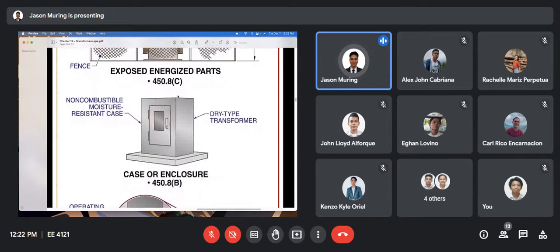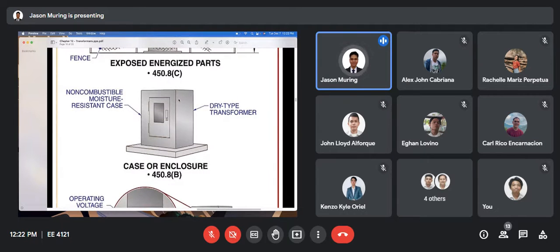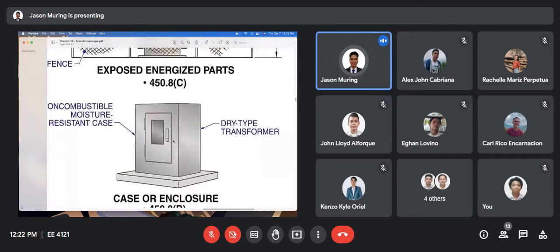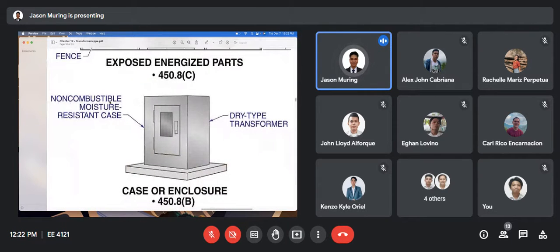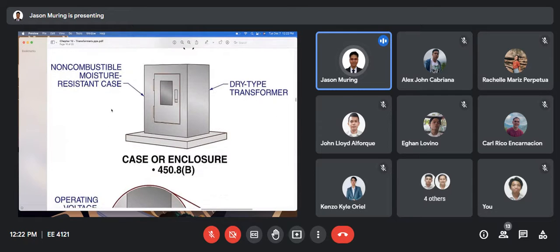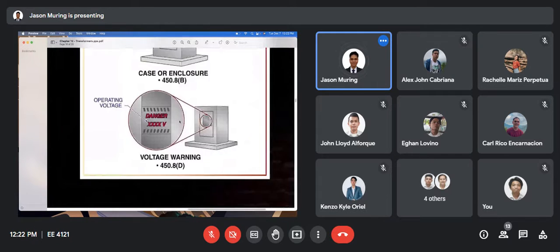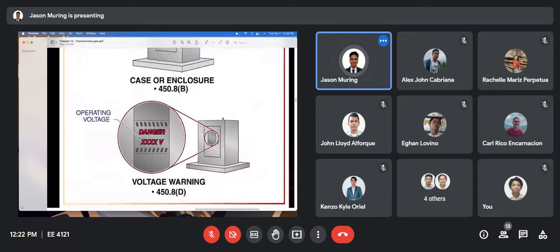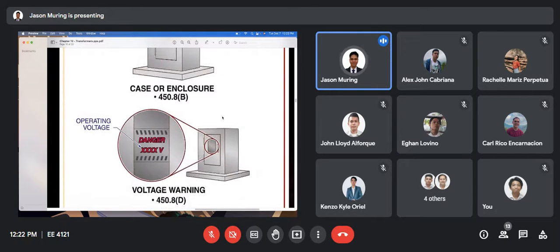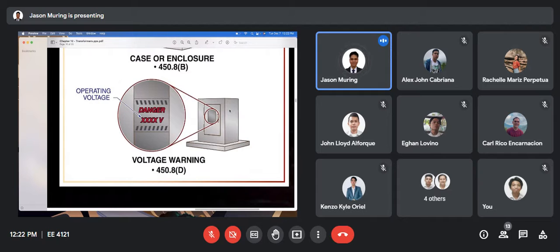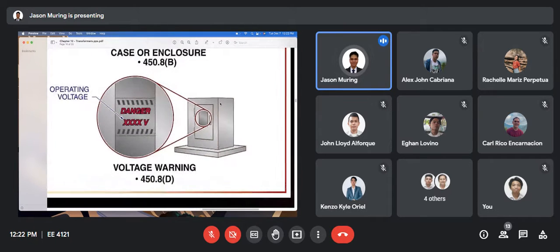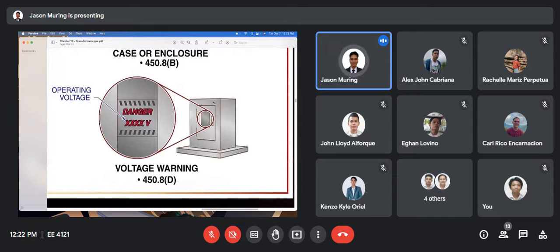Then also, it's required that if it is a dry type transformer, then there should be an enclosure. So that's one way of guarding your transformer from external agents. It could be combustible materials or fluids. Okay, then also there should be a warning, especially for transformers using enclosures, because it could be that there is already a leakage voltage or current through this enclosure.